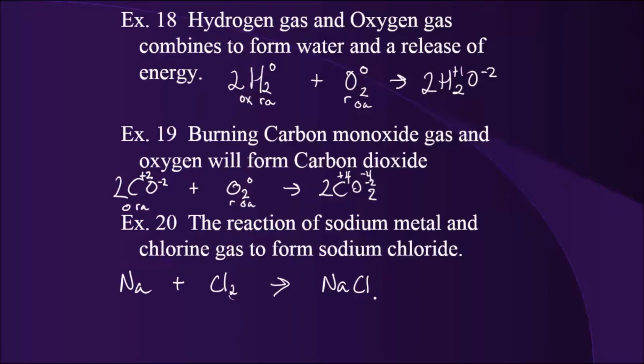No, Beth. +1 minus 1. That is the correct chemical formula. But Beth is upset because she sees there's a 2 here and there's not a 2 here. How can we handle that the correct way, Beth? Very good. All right.